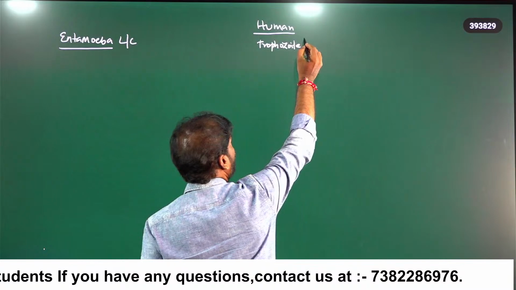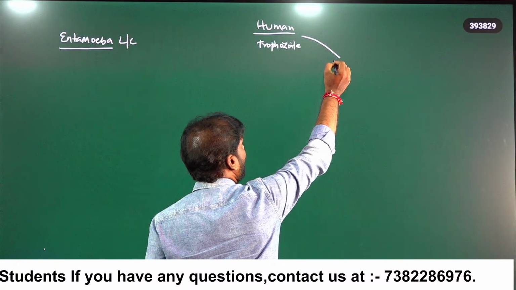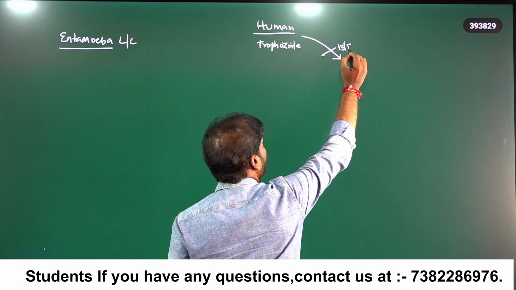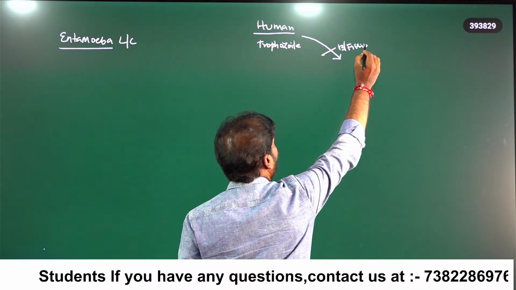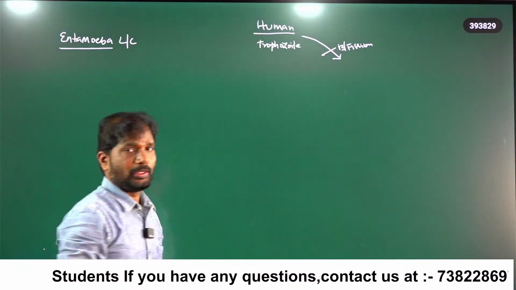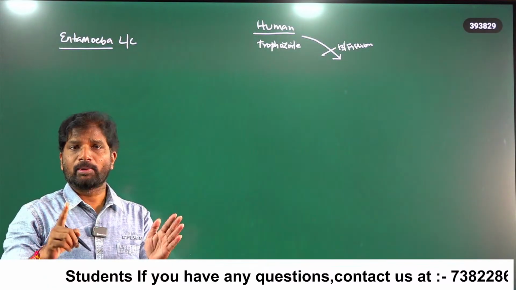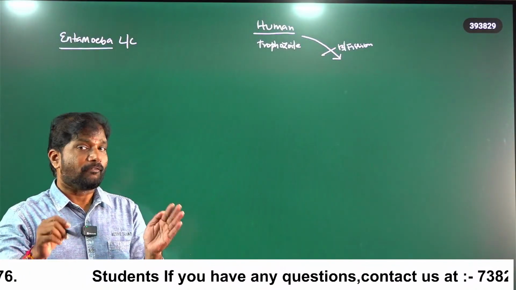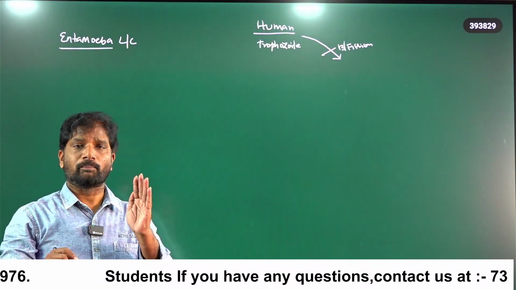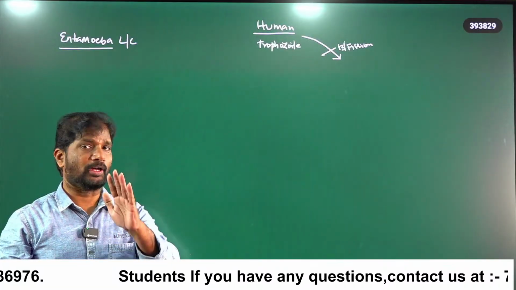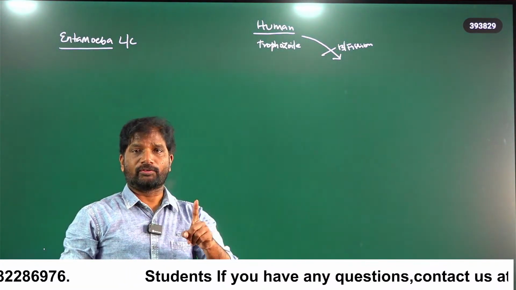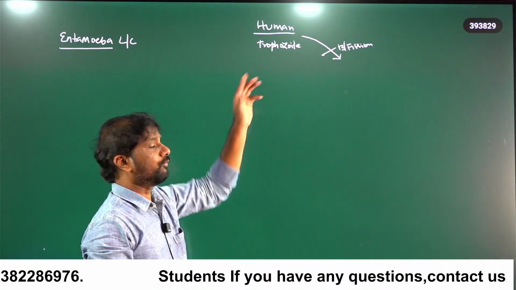This trophozoite undergoes binary fission. In a human, the Entamoeba is present in the form of the trophozoite, in the mucosa and submucosa of the large intestine. So the human large intestine has the trophozoite.